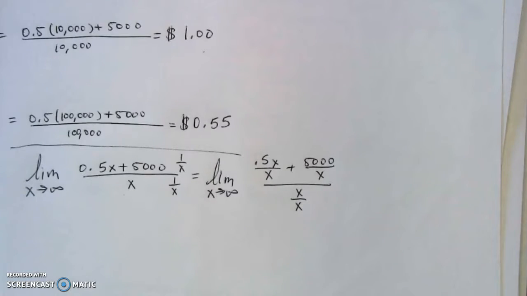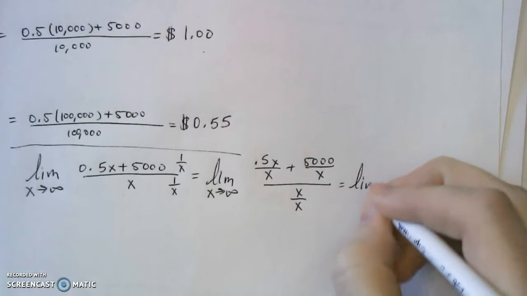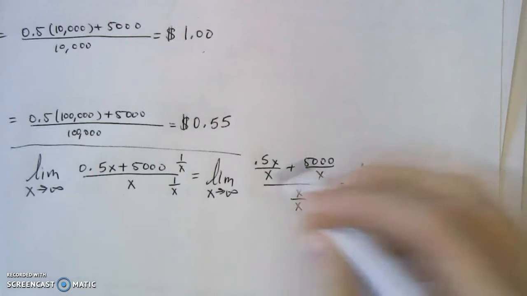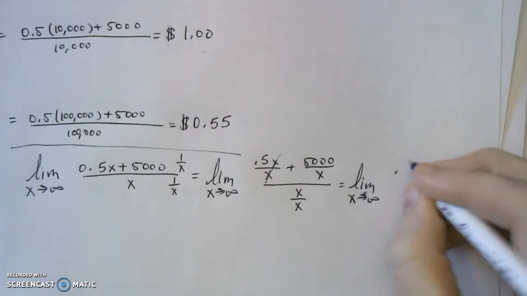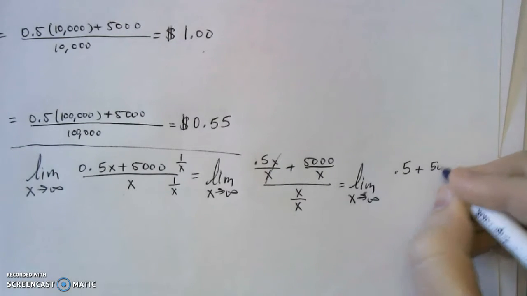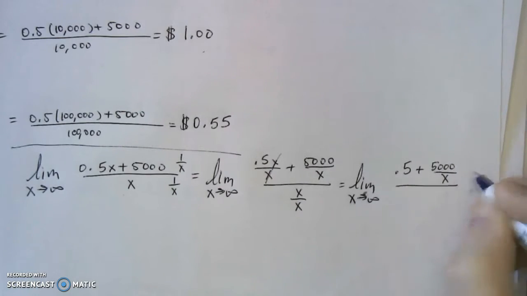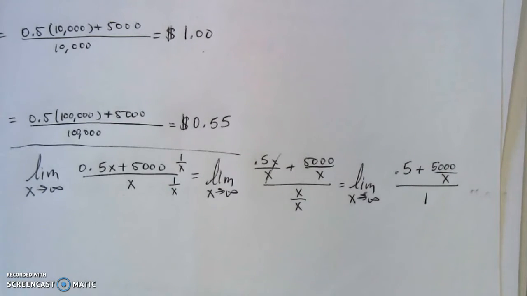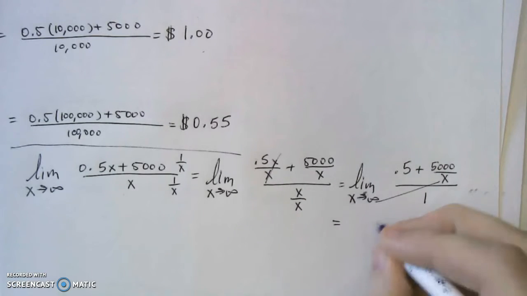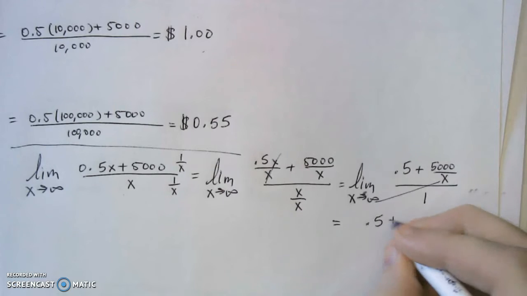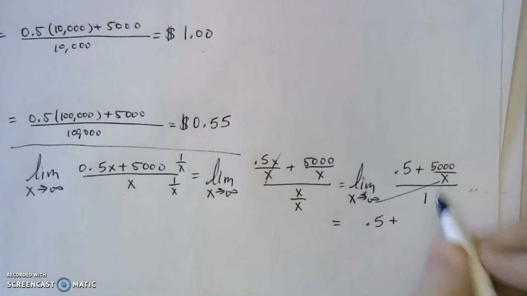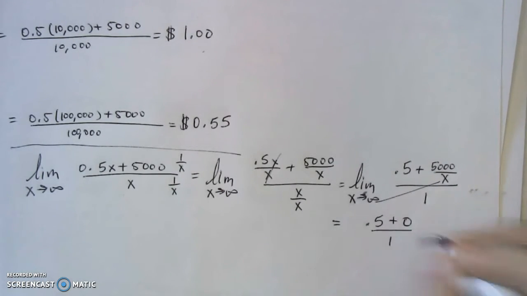Then we go ahead and simplify that. So these x's cancel. Then we've got 5,000 over x, that doesn't reduce. And then we've got x divided by x, which is 1. And then we can go ahead and plug in infinity. And so we're getting 0.5 plus 5,000 divided by infinity, which is 0, all over 1.